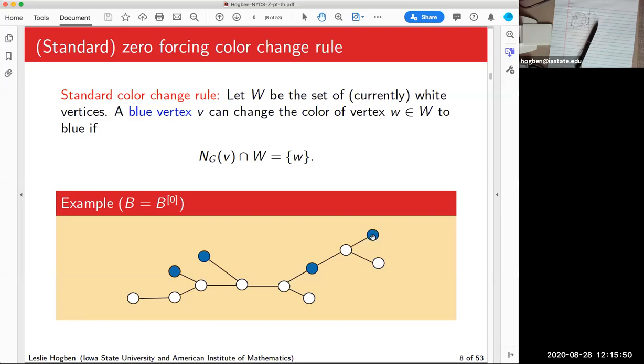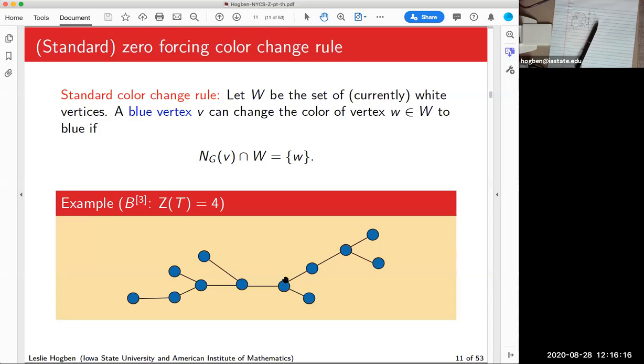Can you see where I'm pointing with my mouse? Yes, we can see. Okay, good. So this has one white neighbor, so it's going to force. This one's not going to do anything, but this one's going to force, and this one's going to force. That's what happens on the next slide, and now we have a bunch more forces that can take place, and we force the entire graph.